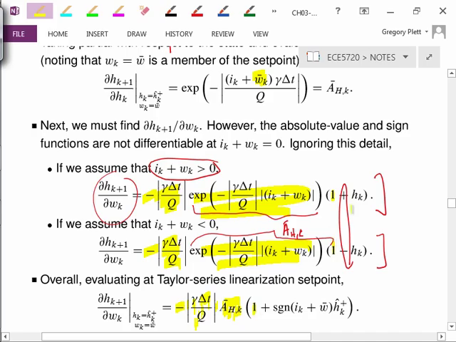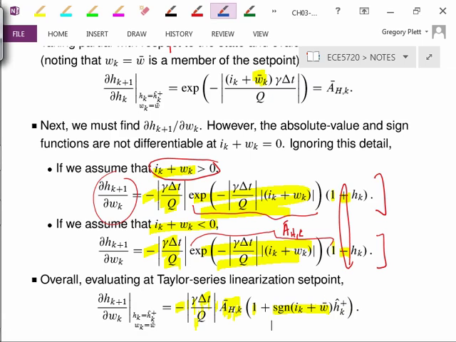and then I need an expression that takes into consideration what's happening with h_k, and I say, oh, if I plus W is positive, I have a positive. If I plus W is negative, I have a negative. Let's just suppose, I know it's not differentiable at 0, but suppose if I plus W is 0, that 0 is an okay thing to do. I replace that plus minus sign with simply the sign of I plus W bar, multiplying by h hat.